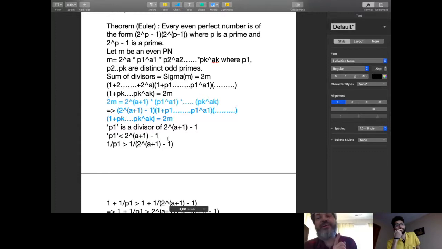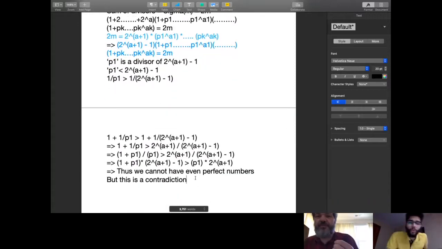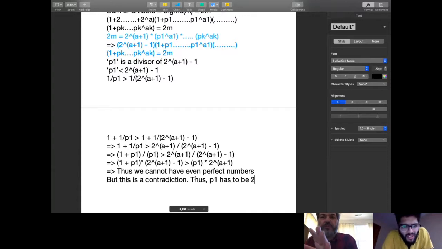That cannot be 1 because we showed that it is a prime. That number is a prime, and p1 is that prime. So when we have equality, p1 equals 2 to the a plus 1 minus 1, and that number has to be a prime.